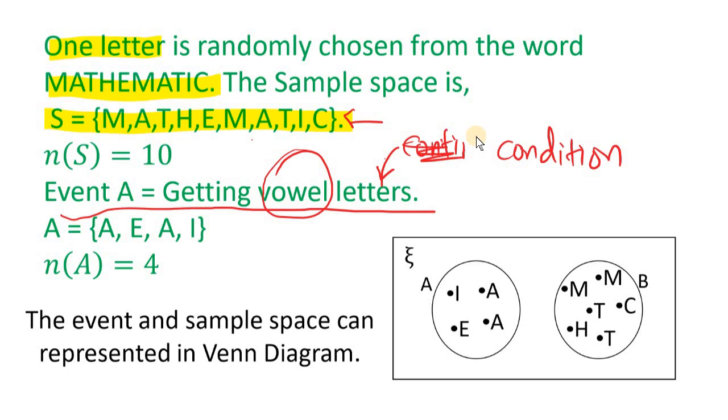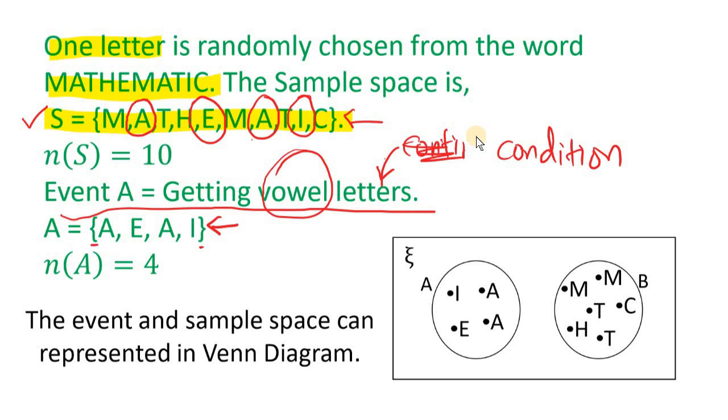vowel letter. So that means based on the sample space I have, the vowel letter will be A, E, and another A repeat, and also I. So that's why the event set will be A, E, A, I, like this, what I have give you inside here. Okay, with the set notation.